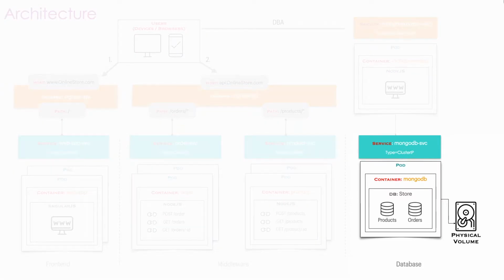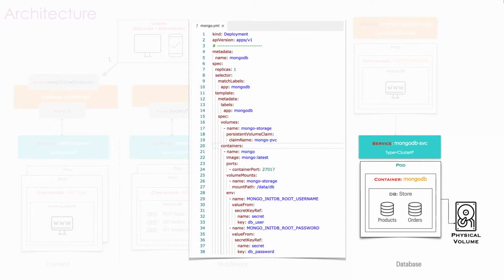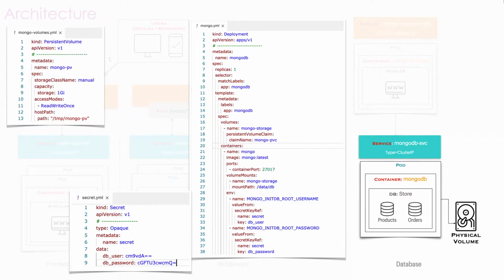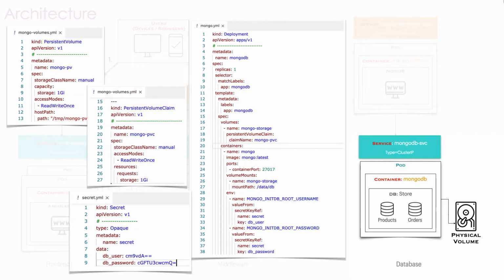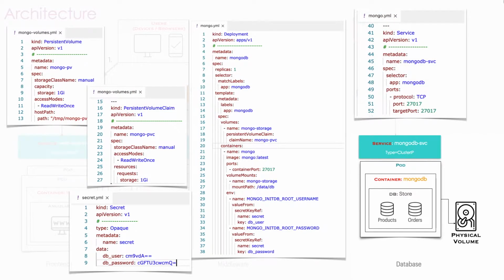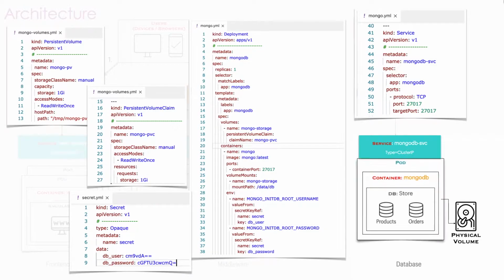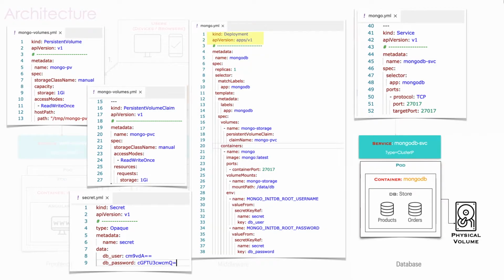Our database component comprises multiple Kubernetes objects such as deployments, secrets, persistent volumes, volume claims, and services. Each of these objects defines the state of our application in the Kubernetes cluster. The pod and the pod template is provided in the deployment.